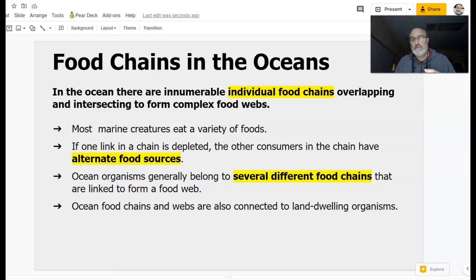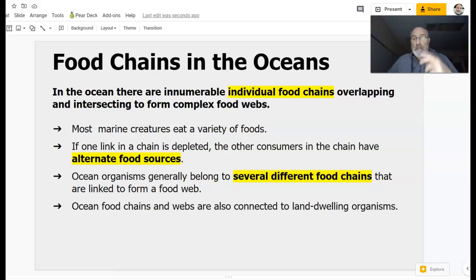Well, just like we shouldn't be surprised that there are food chains in the ocean, we also shouldn't be surprised that there are lots of overlapping food chains in the ocean as well. Do you remember what those are called in science terms when you have lots of overlapping food chains? Right, the answer is those are food webs.